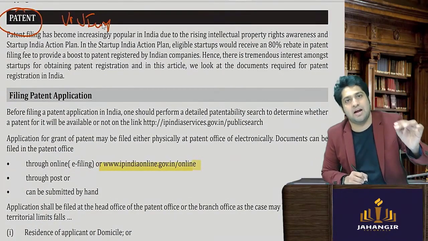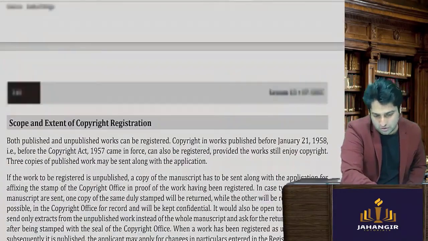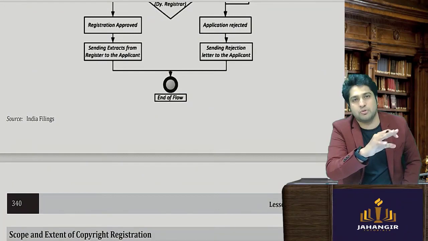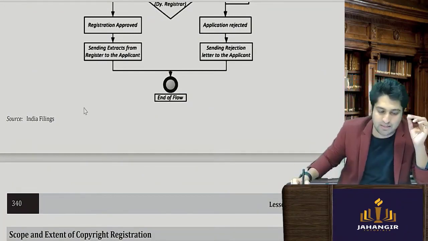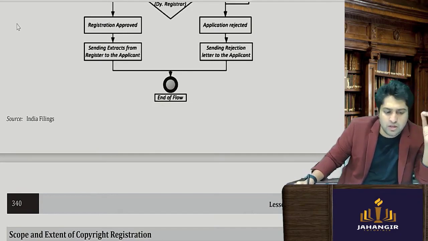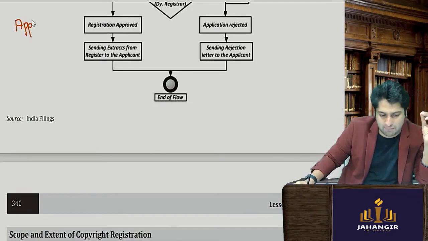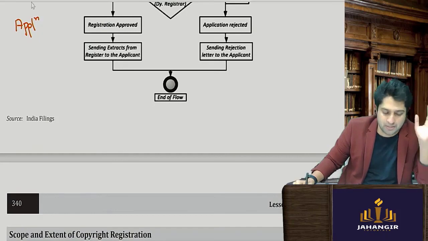So let me explain how it works. Very, very simple. I've written a book on this also. Okay, so not going into that because it might take a little time, but I'll explain how it works. First of all, the application will be given. Application for registration of patent, trademark, copyright.